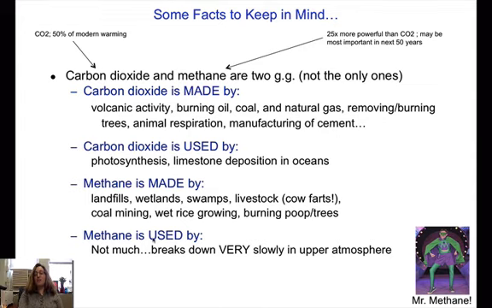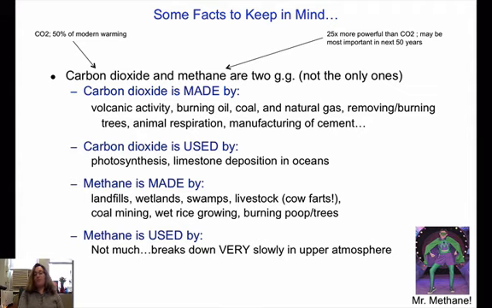Methane isn't really used or taken out of the atmosphere by very many processes. Once it gets in there, it's going to stay there. It takes a very long time for it to break down in the atmosphere, which means that once it's there, it's going to stick around.